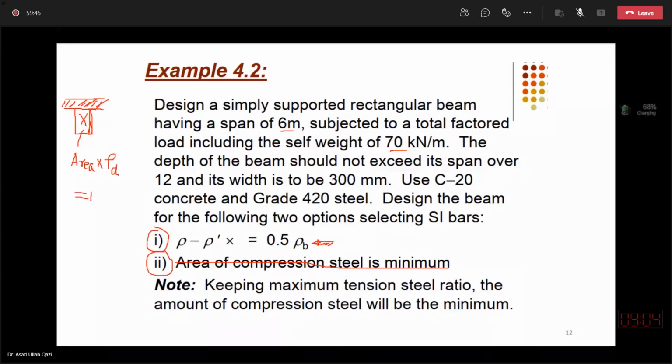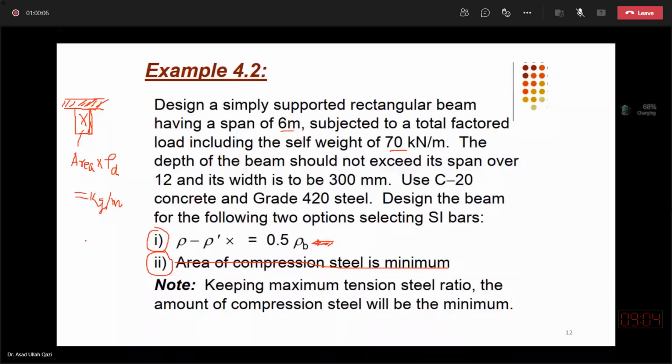I can multiply this with 9.81 divided by 1000 to get the self weight of the beam in kilonewton per meter. Then I can multiply it with 1.2 to factor this self weight, and I can calculate the ultimate self weight of the beam.